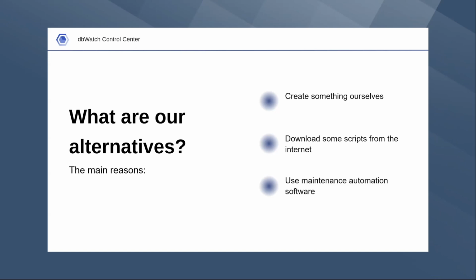The third alternative is using a professional maintenance automation tool like we have in DBWatch Control Center. With a dedicated tool, you get pre-built, tested, and optimized maintenance jobs that can be deployed consistently across all your database instances. You gain monitoring, reporting, and centralized control, making it easy to adjust maintenance parameters across your entire infrastructure.